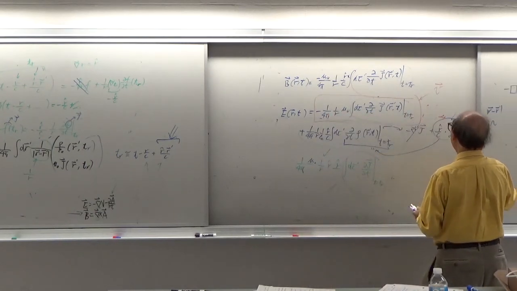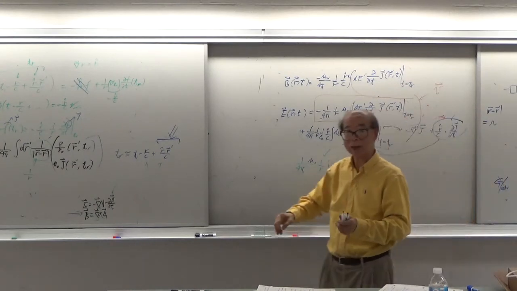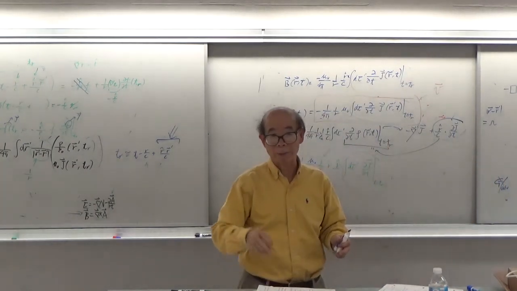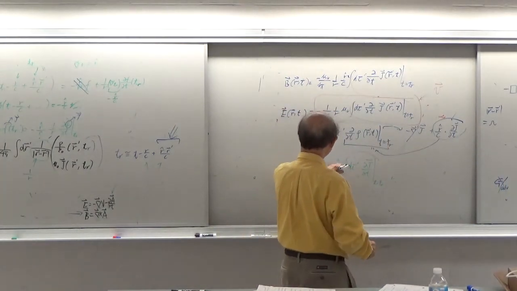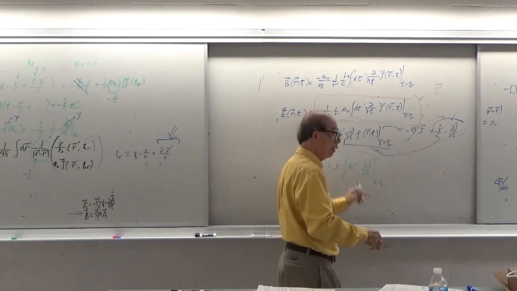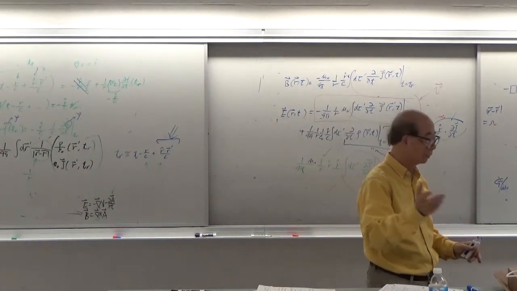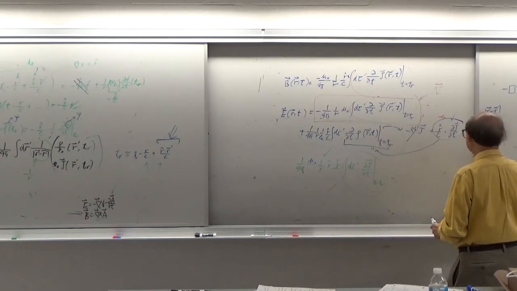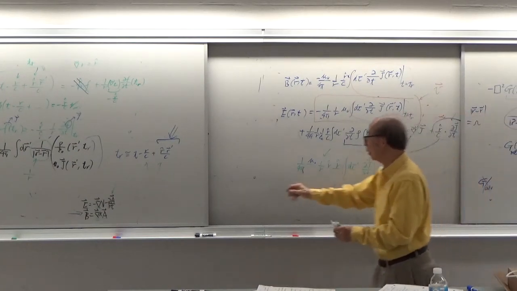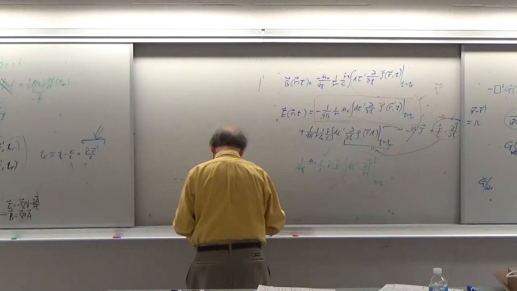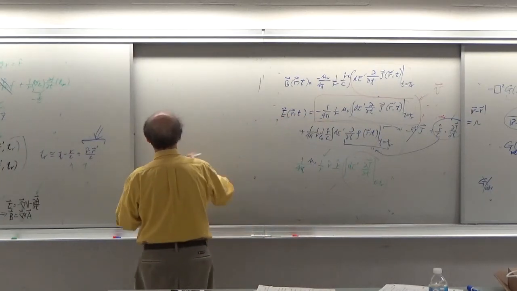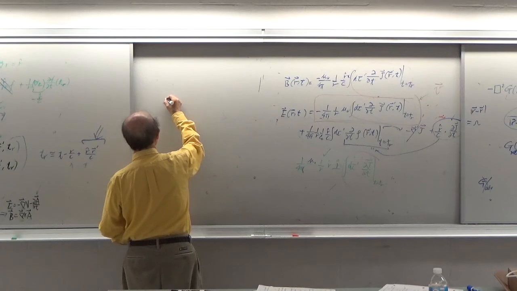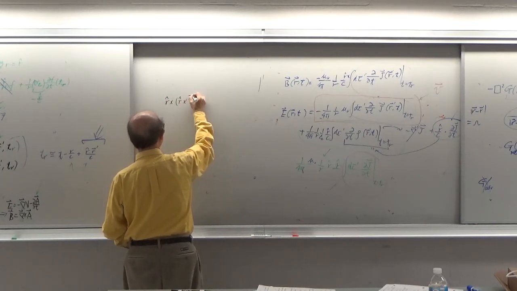And I can always decompose v into a component which is perpendicular to r hat and a component parallel to r hat. What I mean is that I can consider, let me do here, r hat cross r hat cross this vector v.